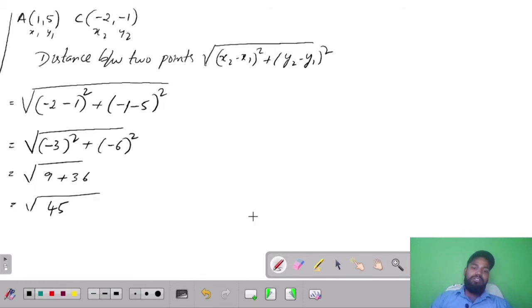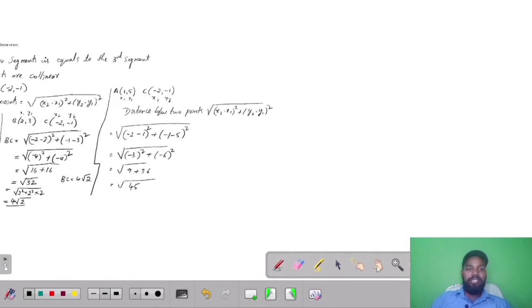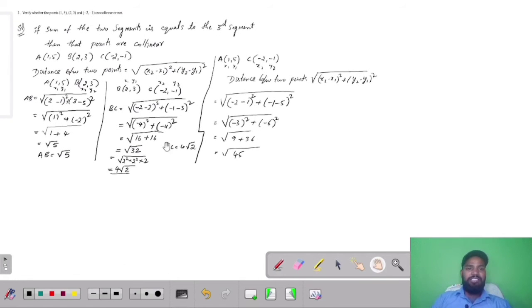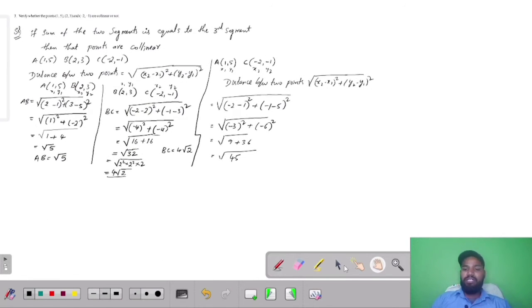So now I will minimize this once. See, we got all the 3 values, right? Yes, all the 3 values we got. Just compare them. This value is AC, under root 45.